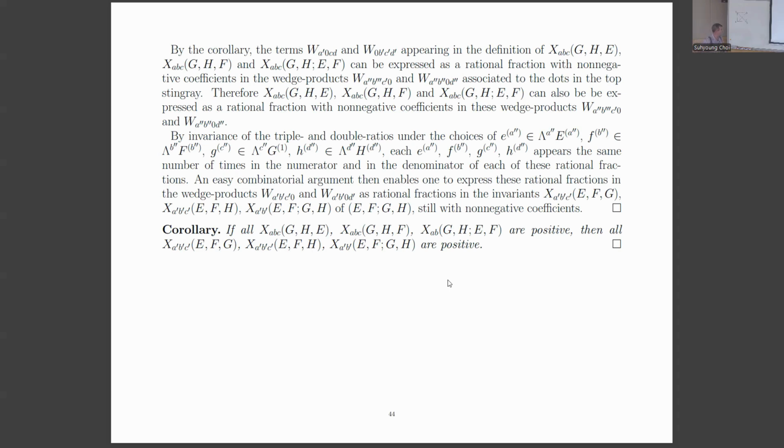So we're done, and that's how you end up expressing the new invariants as rational fractions in the old invariants. The great property of that is that if you knew that the old invariants were positive, then the new invariants are also positive. And also they are not zero, which is something we might not have known right away.